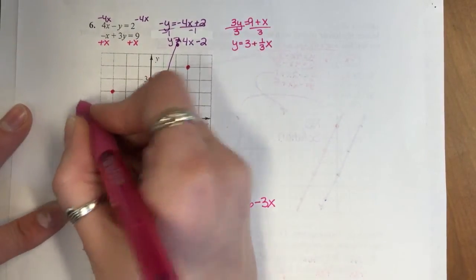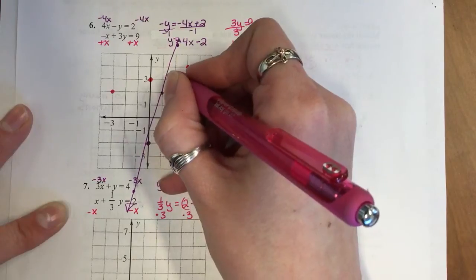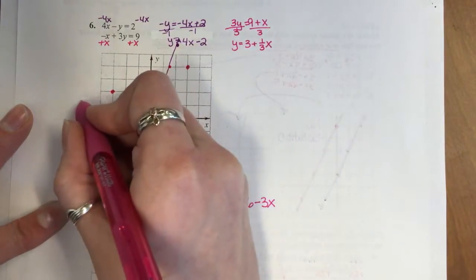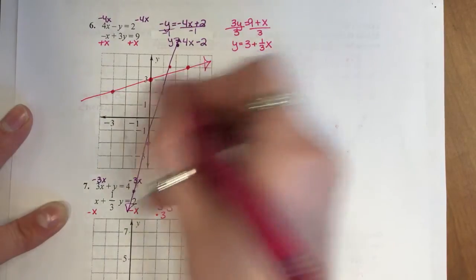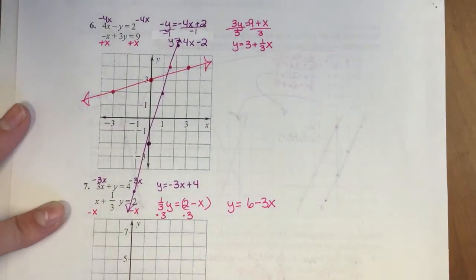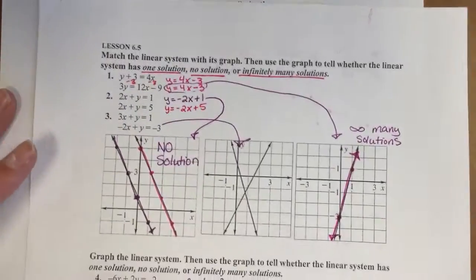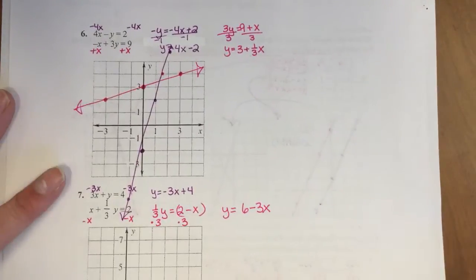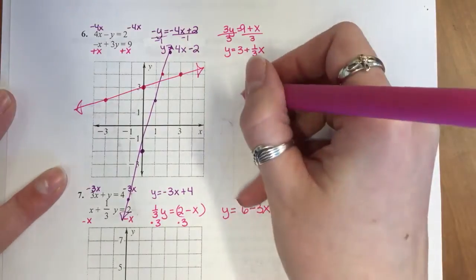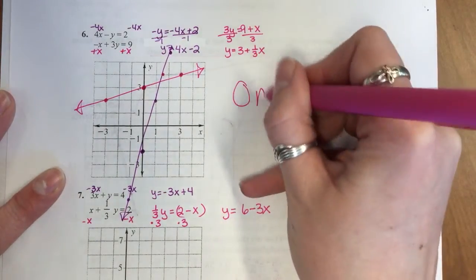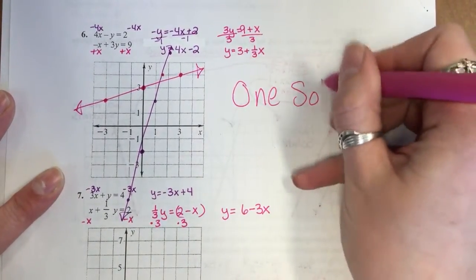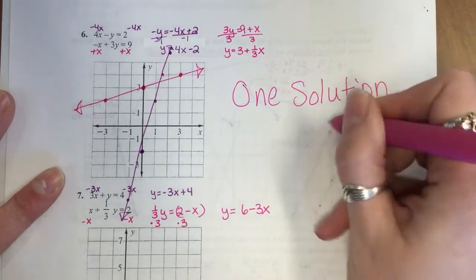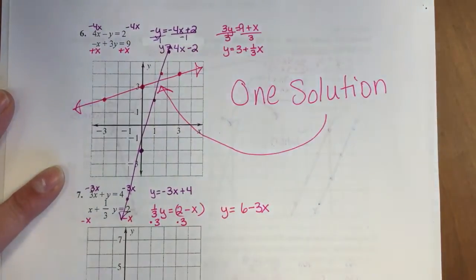There's a point there. Well, we have a point where they cross. All we have to do is tell whether it's one solution, no solution, or infinitely many, and it is one solution. We don't know the exact point, but it is right there.